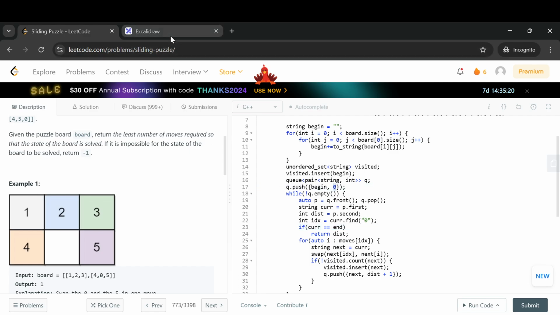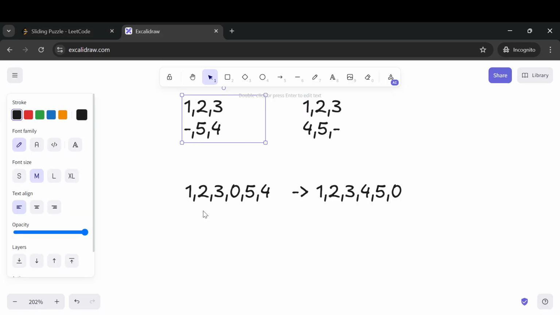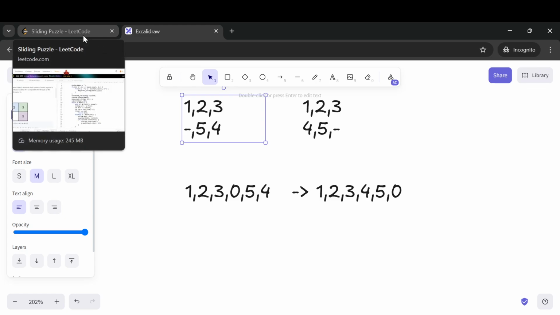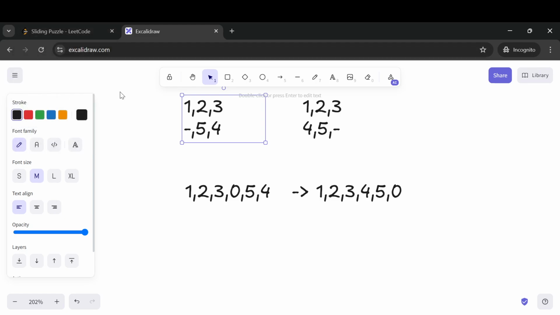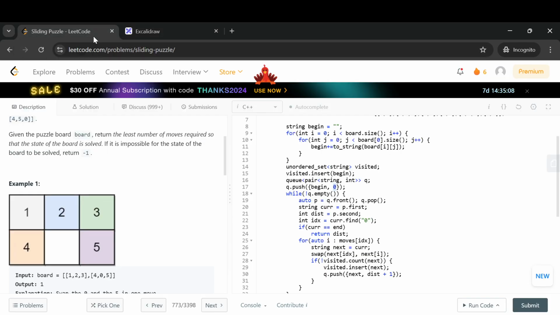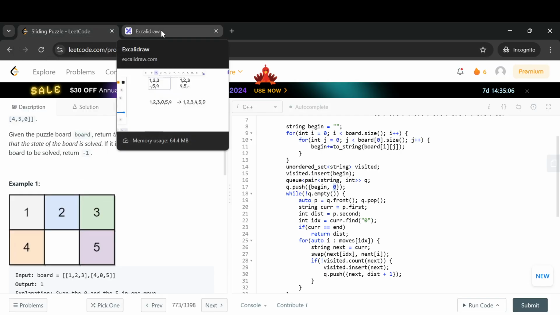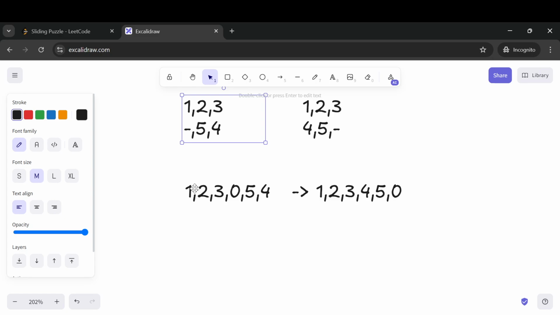I'm not very sure how much time it will take to do a dry run on one complete example, but let's do a dry run, not fully, but up to some limit for our better understanding.